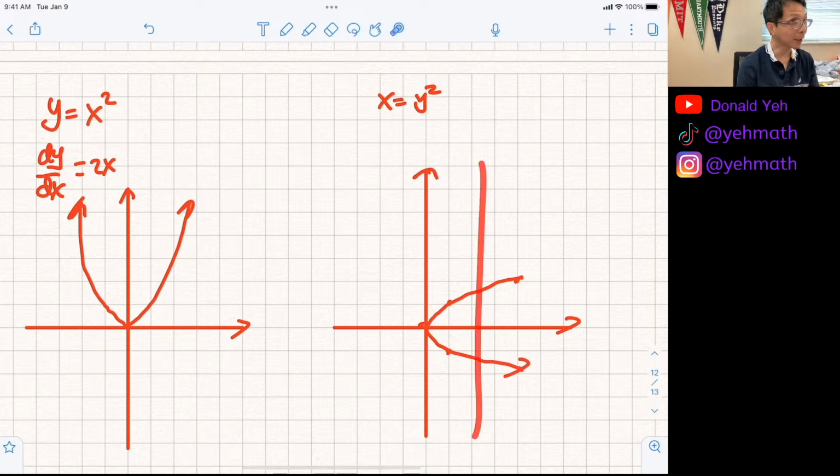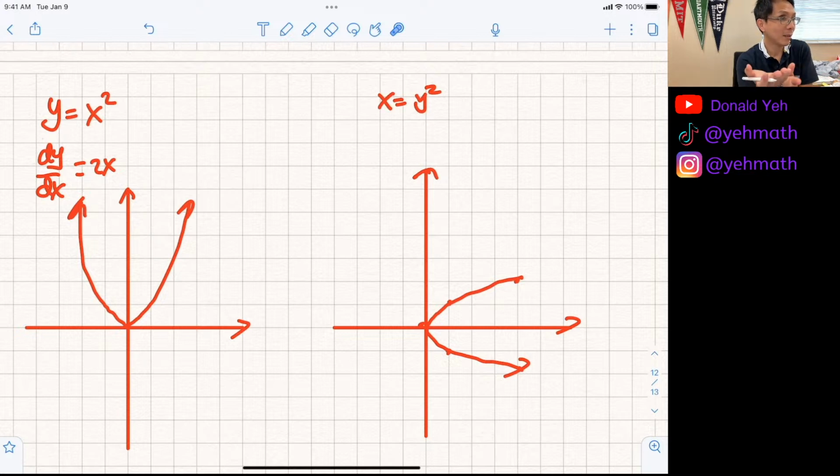You fail the vertical line test, so it's not a function, but it's still an equation. You can write it like this. It's an equation, but not a function because every x has two outputs, and sometimes more than two. So this one is not a function.